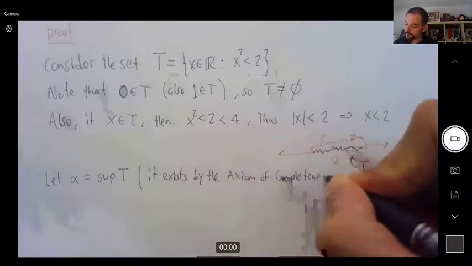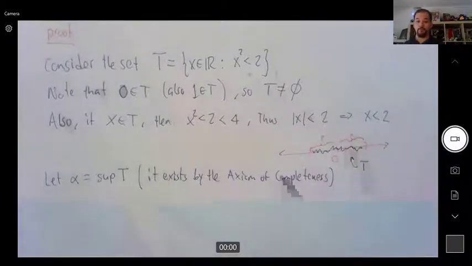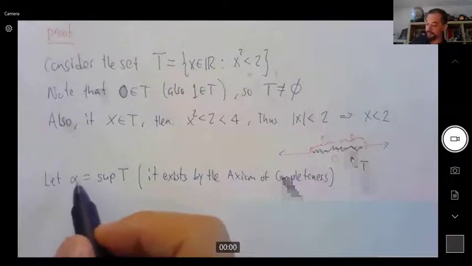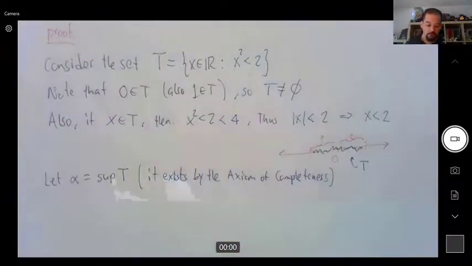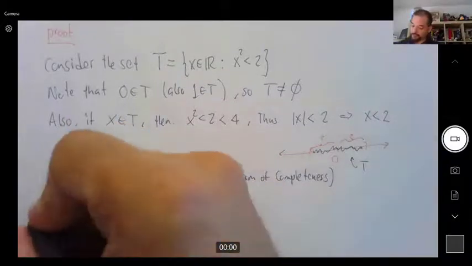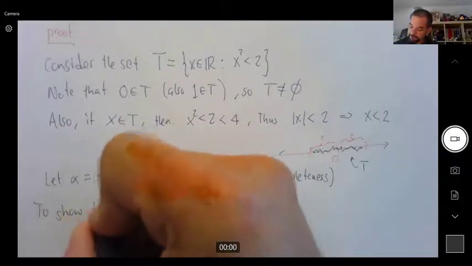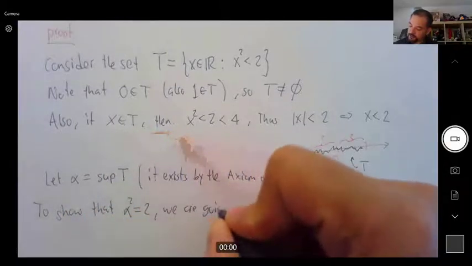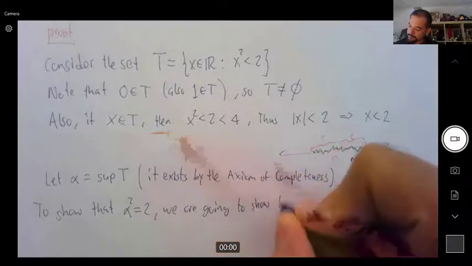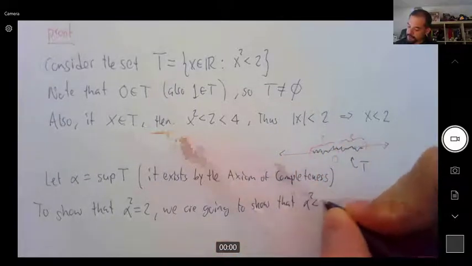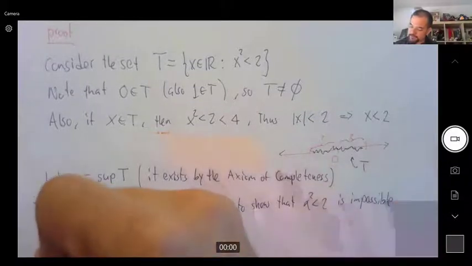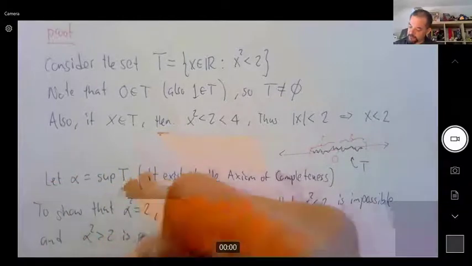Okay, and the rest of the proof is to convince you that this alpha is the number we want, so that when I square it, I get 2. I'm going to tell you the strategy. To show that alpha squared equals 2, we are going to show that alpha squared less than 2 is impossible, and alpha squared greater than 2 is also impossible.